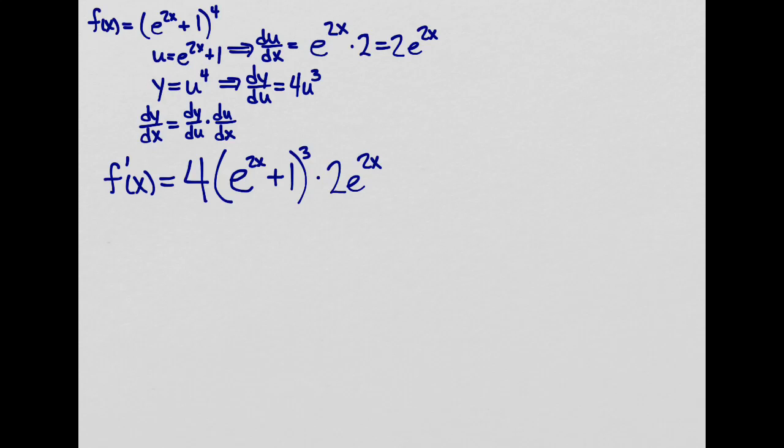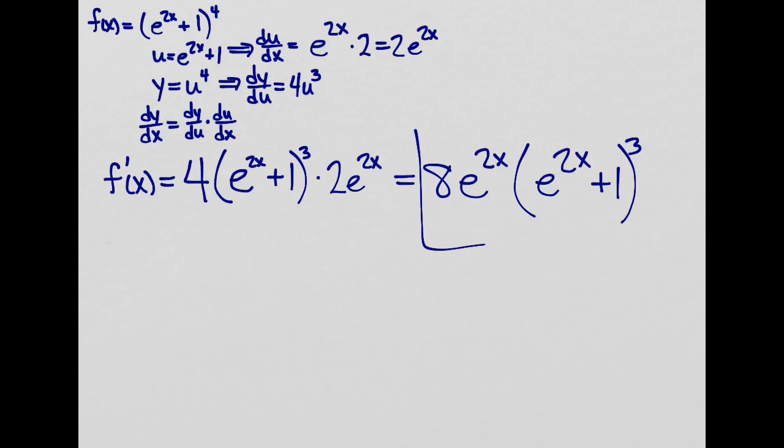And I really should combine the terms that I can, so the 4 and the 2, those are shared, and so I get a value of 8. Let's put the exponential by itself, e to the 2x, times e to the 2x plus 1 to the 3rd power. And so this is the formula for the derivative that we were looking at.